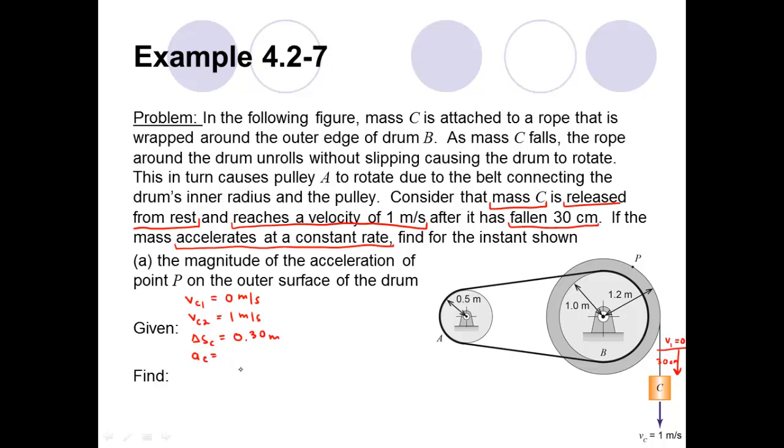So we're not told explicitly what the acceleration of mass C is, but we know that it's constant. We're given this information, and we're going to be asked to find a few different things. The first one of which is the magnitude of the acceleration of point P. So here's point P, and we want to find the magnitude of its acceleration.